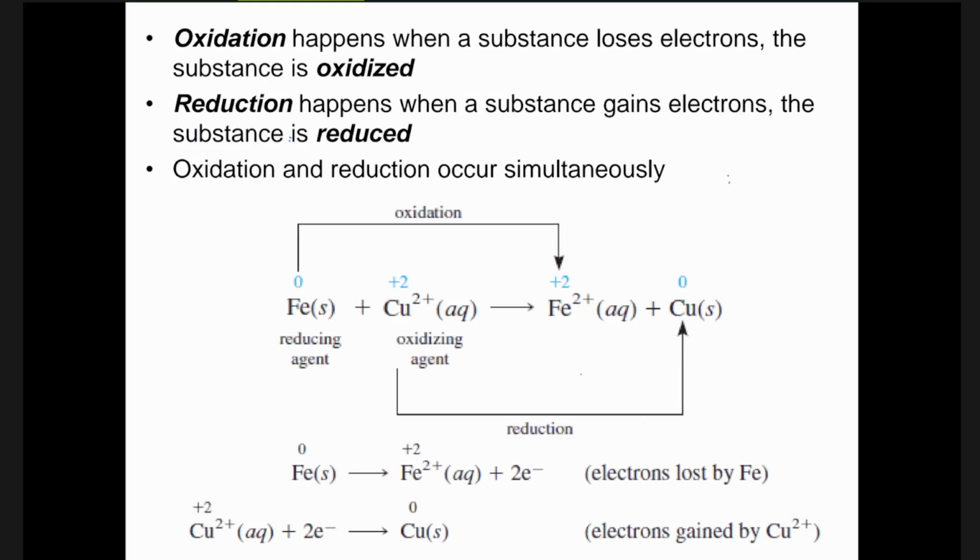So now we have the concept of redox reaction. Now what could be the oxidation process? Oxidation process happens when a substance loses electrons, the substance is oxidized. In the inverse, reduction is a process that happens when a substance gains electrons, that means receives electrons.